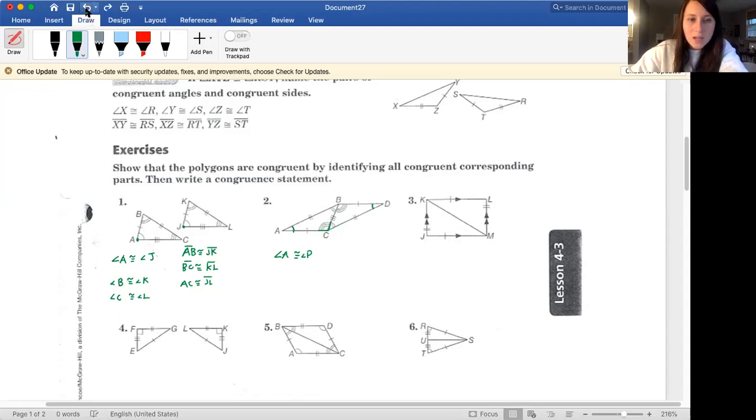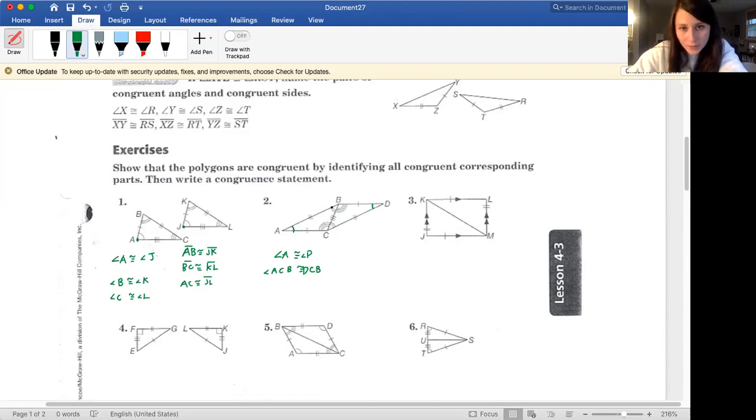So I'm going to have to name it by 3 vertices. So ACB is congruent to DCB. Does that make sense? I'd have to say D first, DCB, because I started with ACB. A is in the same spot as D, the corresponding angle. And so I'd have to say angle DCB.